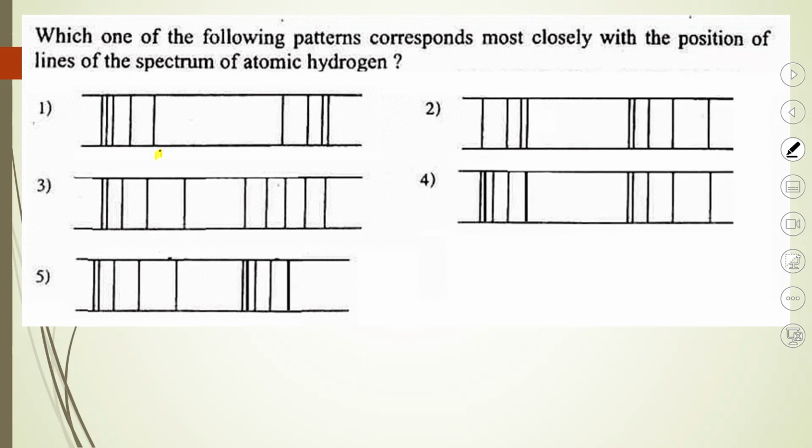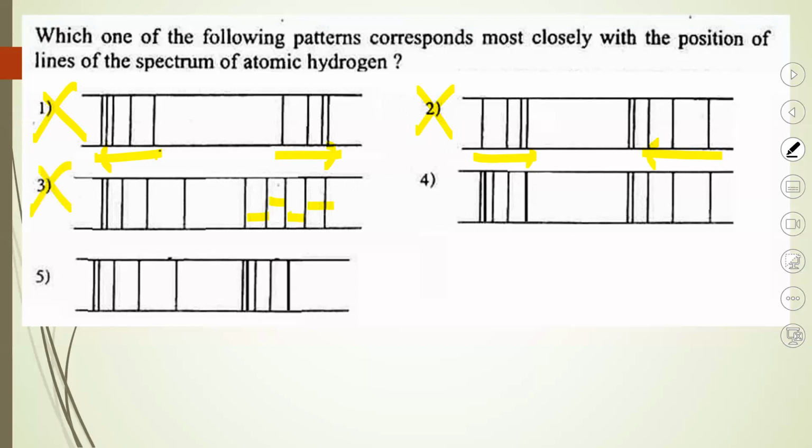Here the pattern is totally on this side, so there is no possibility of having it in a diagram. It is wrong. Here also, the increasing direction here to here, so you can cancel this also. Furthermore, in the third one the gaps between lines are equal. It's impossible, so you can cancel the diagram.